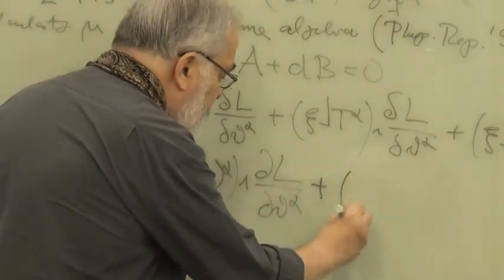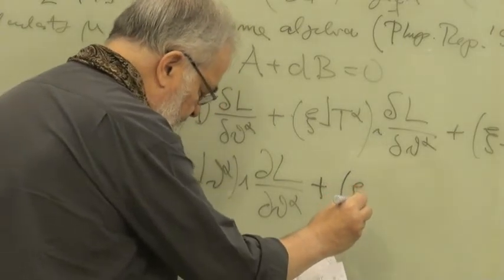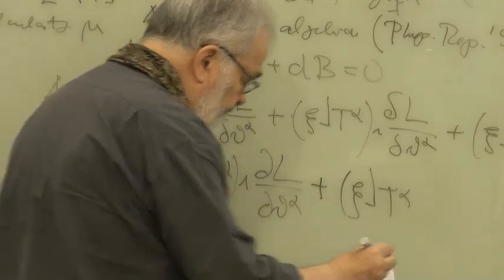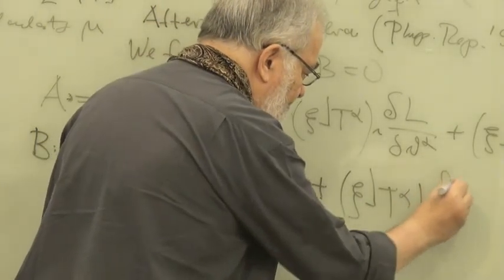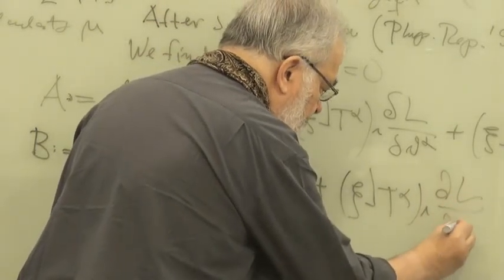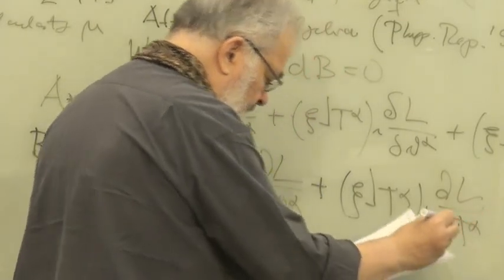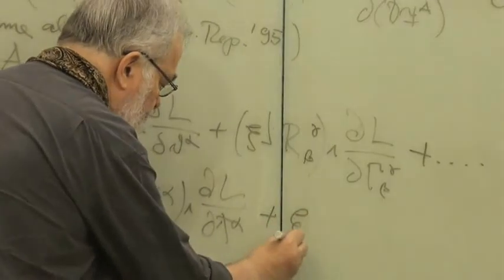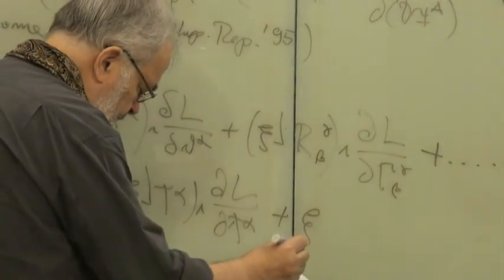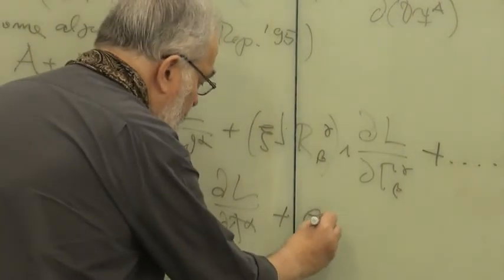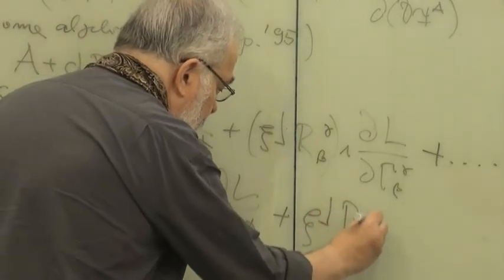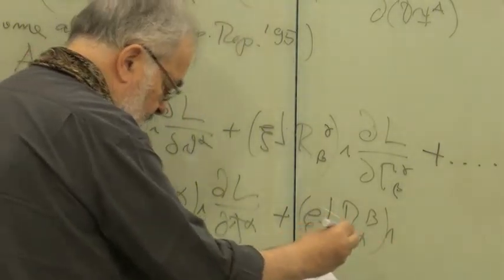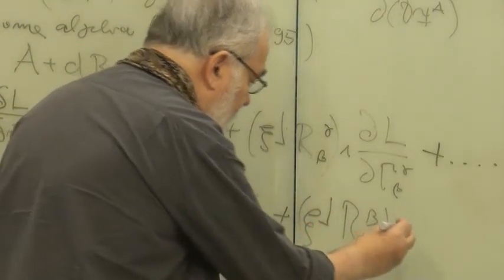It's all a bit repetitive, but we have to write it down one time: psi in T alpha times dL over dT alpha, plus the term for the curvature, psi in R alpha beta times dL over dR alpha beta.